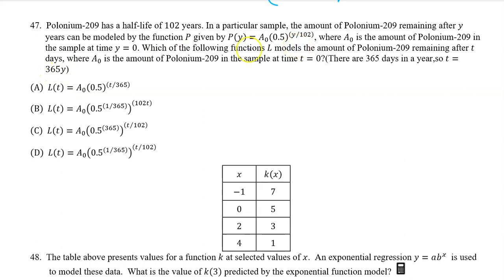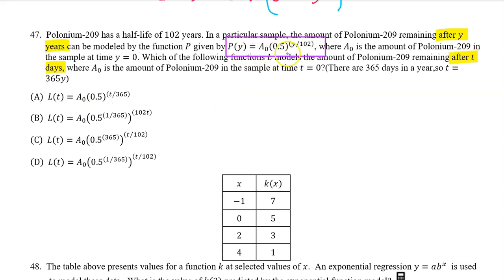So, this function is written in terms of years, and they want us to rewrite it in terms of days, and t represents the number of days. So, if we want to replace y with something that has a t in it, we need to take this little expression, 365y is equal to t, and we need to get y by itself.